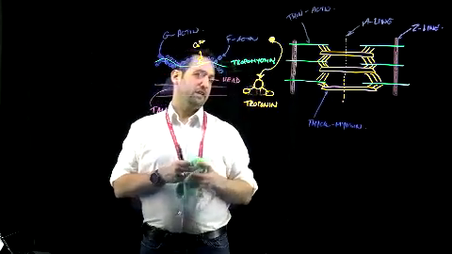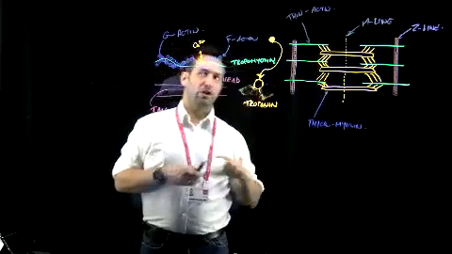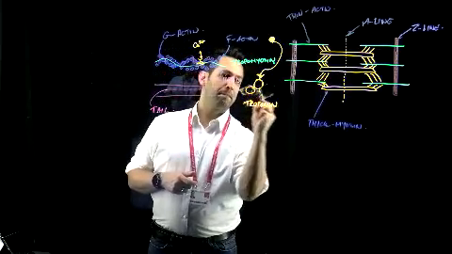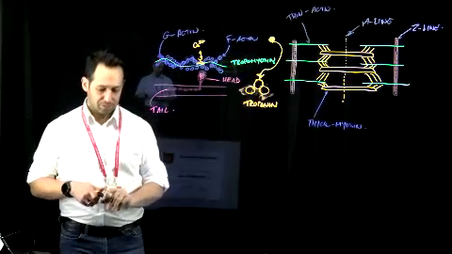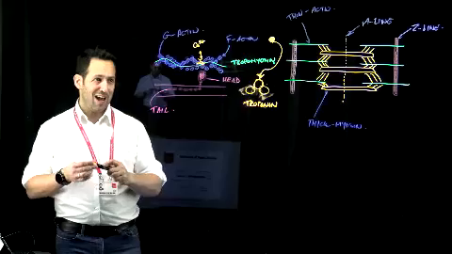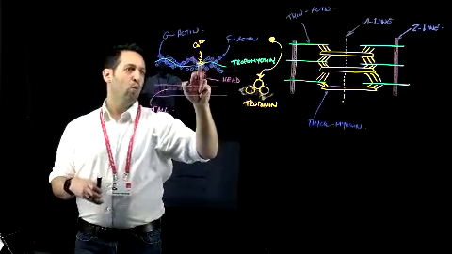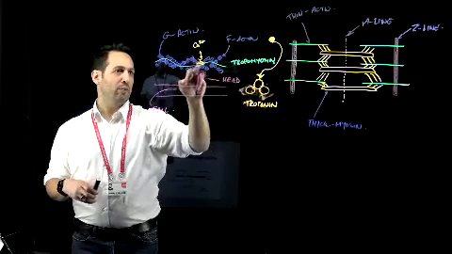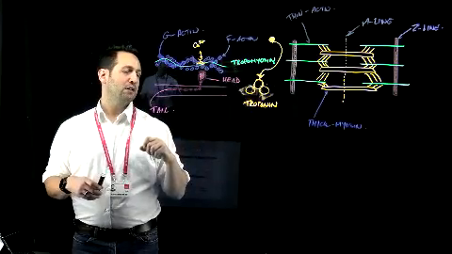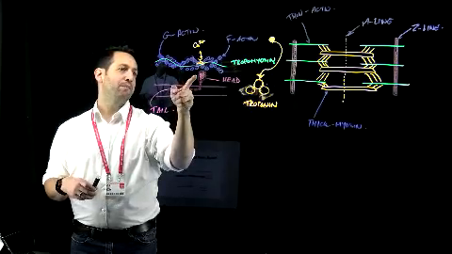So basically, it goes from this back to the way that I originally drew it. And what that does is it yanks up the tropomyosin away from what is underneath this little bit of the actin filament. And that is a binding site for myosin.